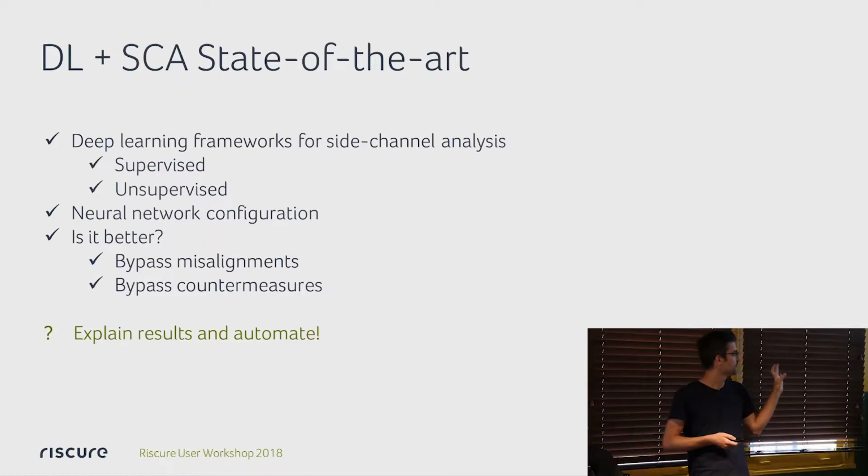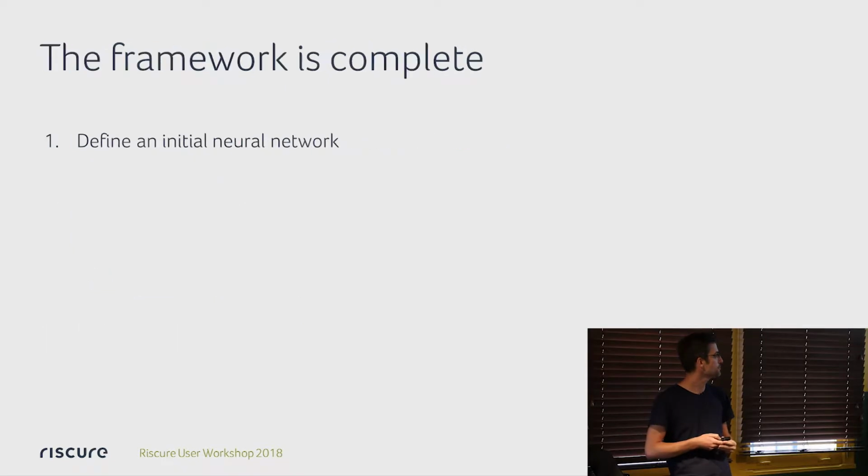However, the one part that is still missing, and I think there will be a lot of discussion about it in the future, is how to explain the results that deep learning provides and how to use them to automate and to make better analysis. So I would say that today the basic framework is complete. We know how to define an initial neural network.